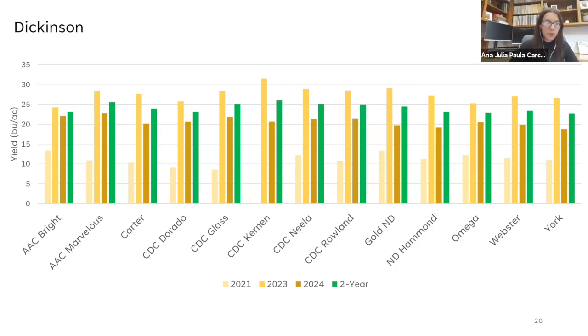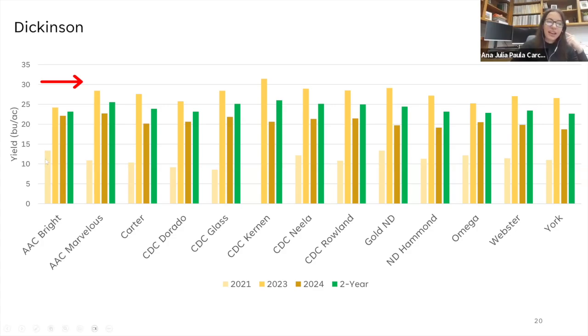And something we were talking about before is stability and yield. We can see here that AAC Bright actually didn't change much across years. We have years like 2023 where the yields were amazing, but you cannot see it here, and years like 2021 where the yields were really challenging.